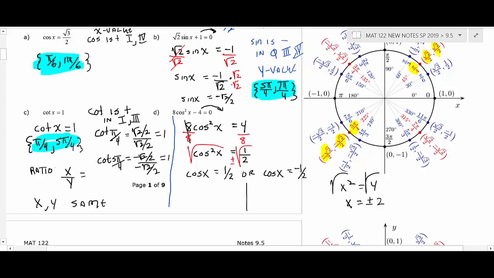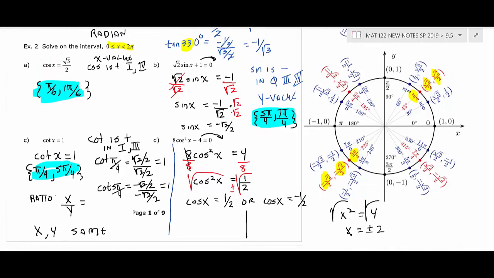So you got to make sure that you pay attention to both of those things then. Okay? All right, so now what we're going to do is we're going to interpret on the unit circle, and this should be a fairly straightforward interpretation. So you want to recall that the cosine is the x value.